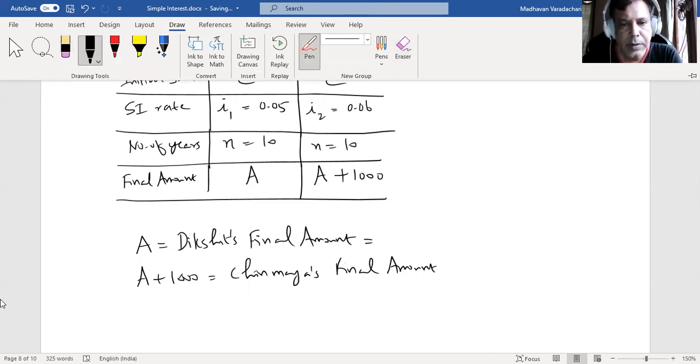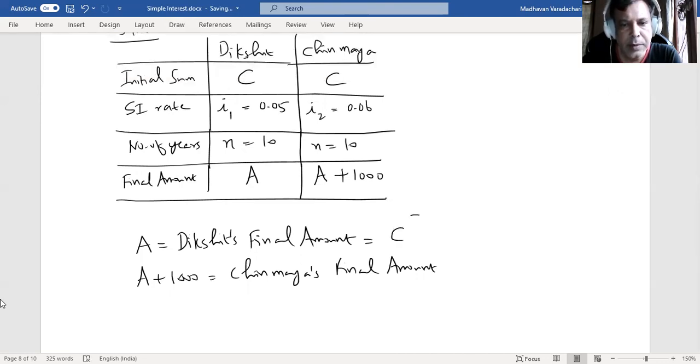This is actually C times 1 plus N I1. This is C times 1 plus N into I2. Yeah, now it is correct.